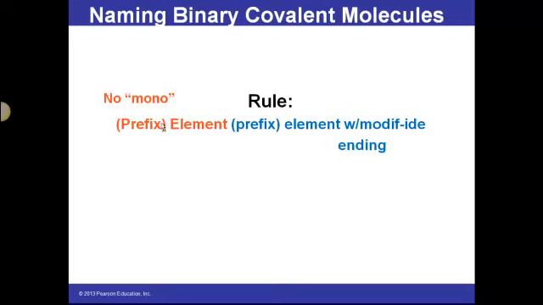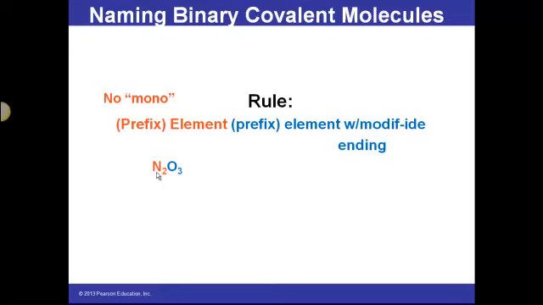So at the beginning of the molecule, if there is only one atom of the element, you do not need to use the mono prefix at the beginning element. However, if the ending element only has a single atom represented, you do need the mono prefix with the ending element.